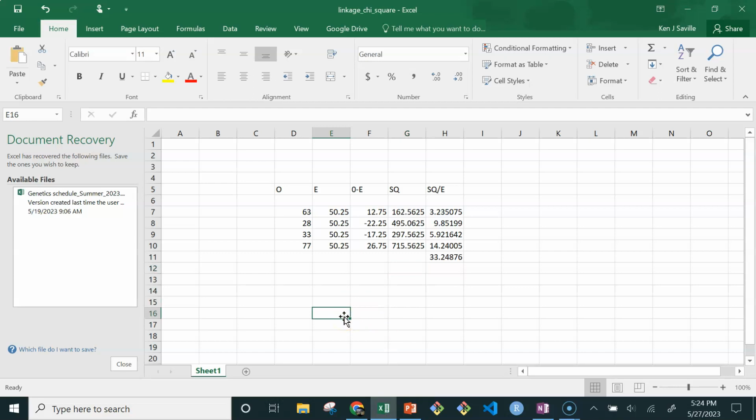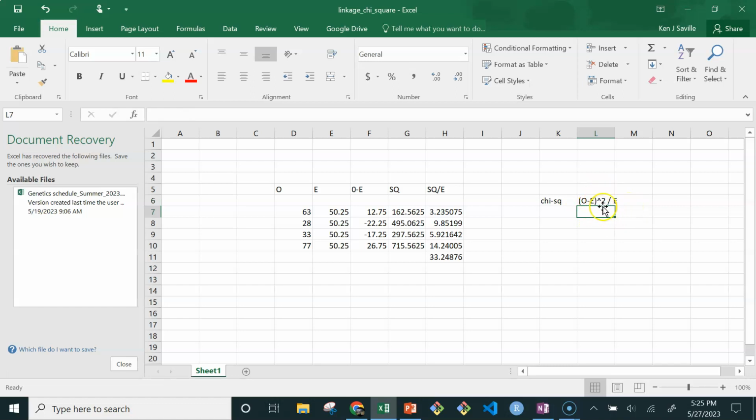The way chi-square works, we'll just say the chi-squared formula is O minus E, squared, divided by E. So that gives you what we call the chi-square statistic.